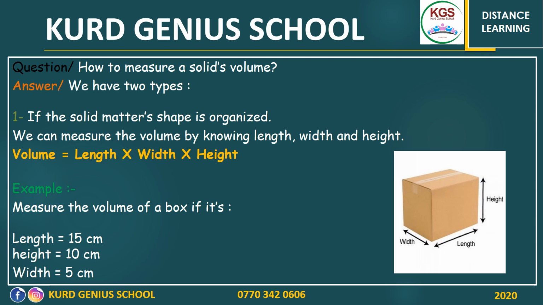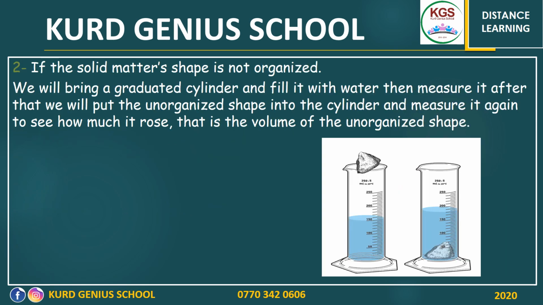Now, for the second one, which is the unorganized or not organized shaped matter, we're going to bring a cylinder, fill it up with water, then write the number the water stopped on. For example, in the first picture it stopped on 150. Then, for example, I'm going to bring a rock and put it inside the cylinder.